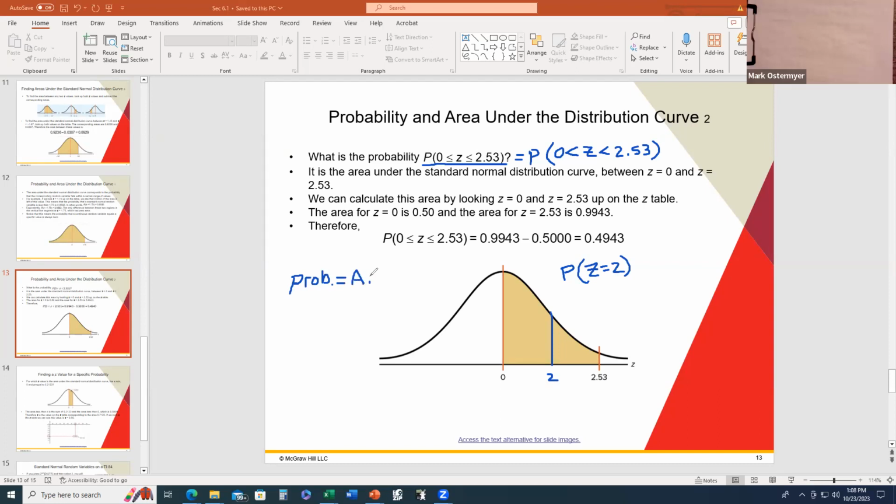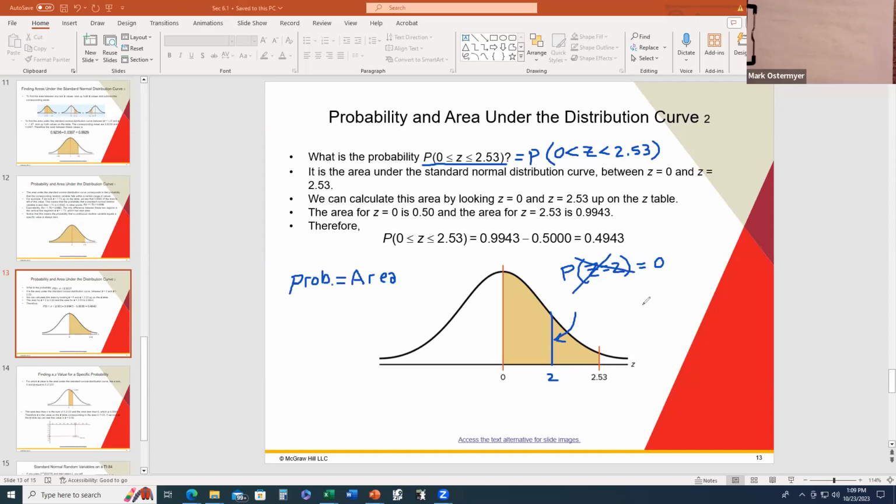So I have a question for you. If I want to compute the probability that z is exactly equal to 2 or exactly equal to any number, is there an area? Does this line, this vertical line, have any area to it? There's no area. To have an area, you have to speak in terms of an interval, a lower and upper endpoint. Because there's no area, this probability is 0.